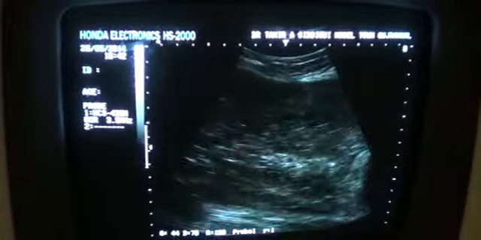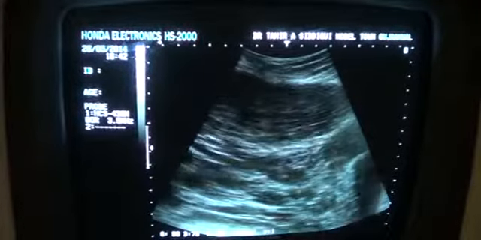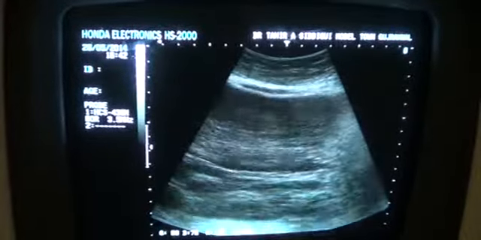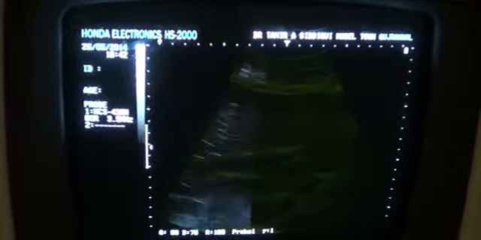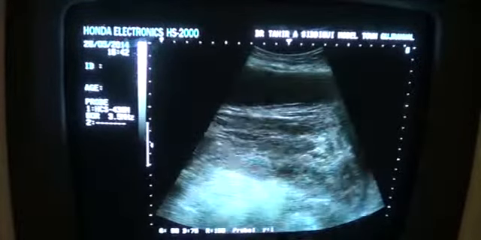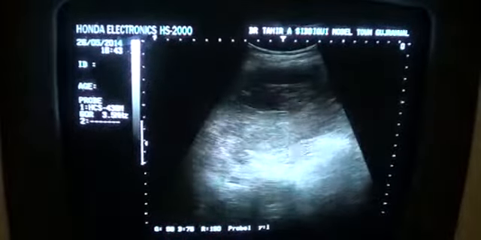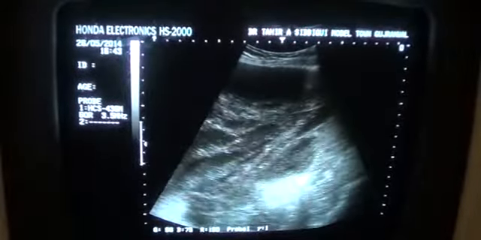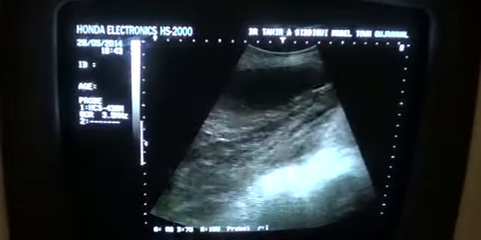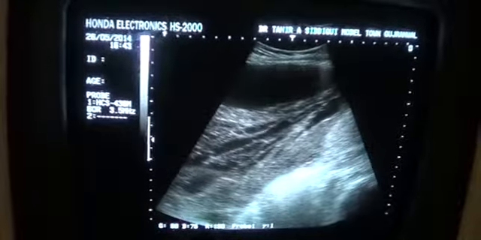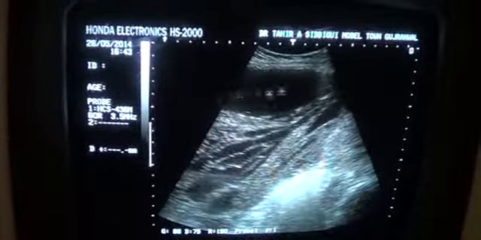Now from the epigastric region, I am coming down. This is the umbilical region, and here I am at the pelvic region. This is the longitudinal section showing you the right adnexa, and you can see that this is all fluid.